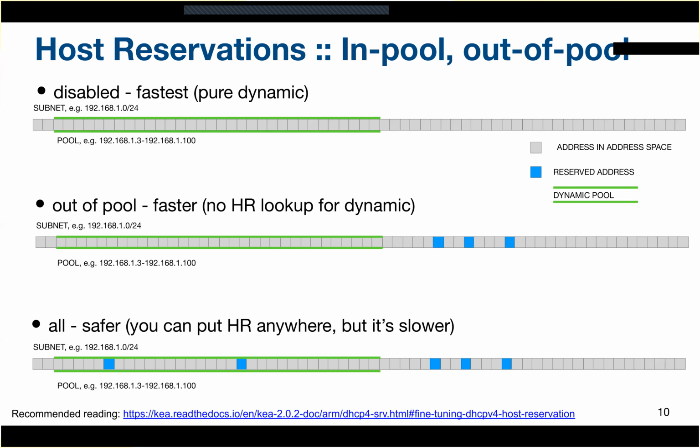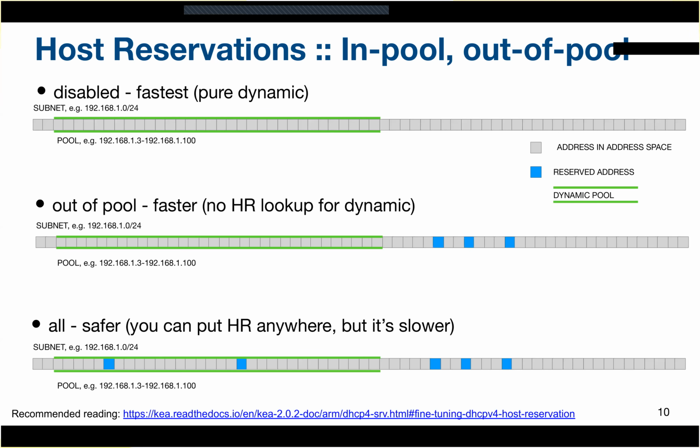But it might be different depending on how your network is organized. If you tell Kea that there are no host reservations in this subnet at all, you get some performance boost because Kea will not bother with doing the reservation lookups. So that's the fastest approach.